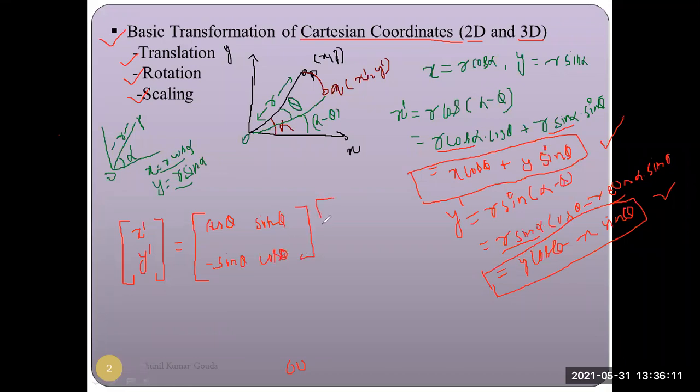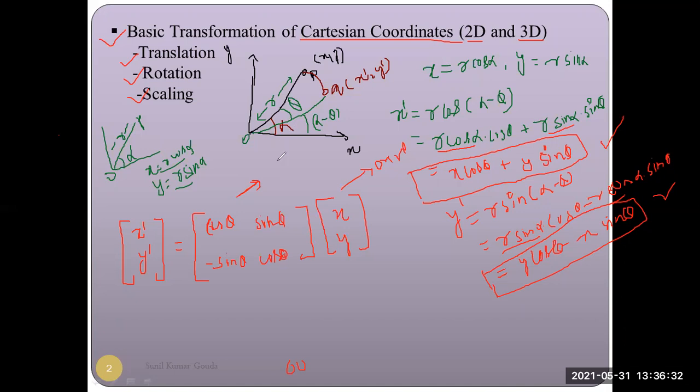Now this is multiplied with the original coordinates x and y. And this is your transformation matrix with an angle of theta.